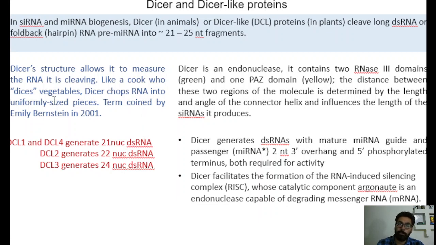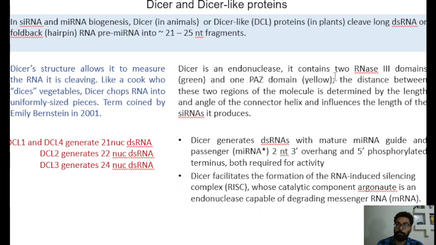Because it is chopping the RNA as a cook dices the vegetable. And the term dicer was coined by Emily Bernstein in 2001. How is dicer performing this action? Because it is an endonuclease and has RNase activity. The important question that can come about dicers: how many domains do dicers have?